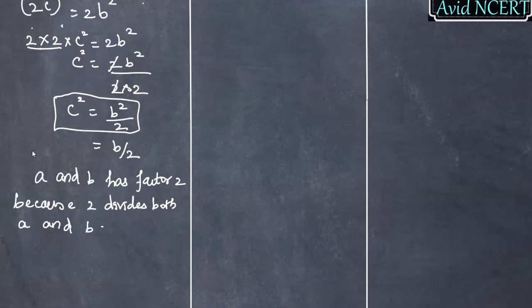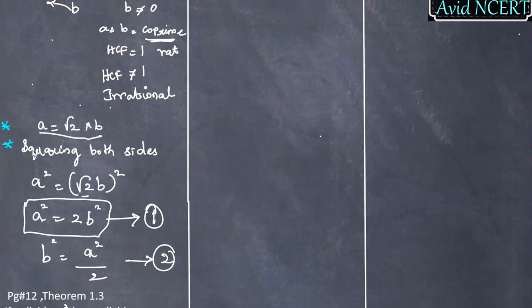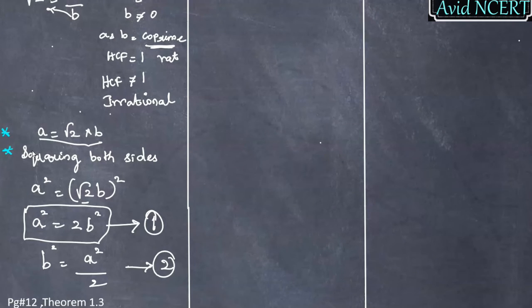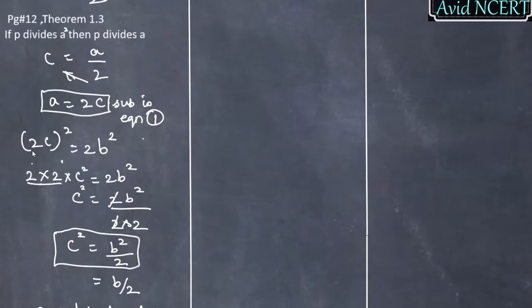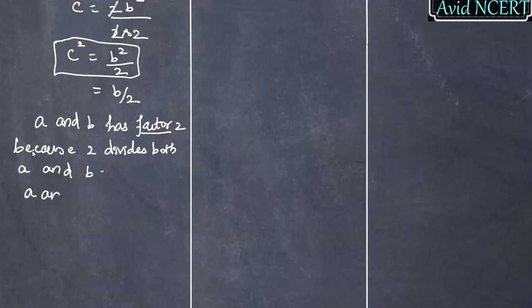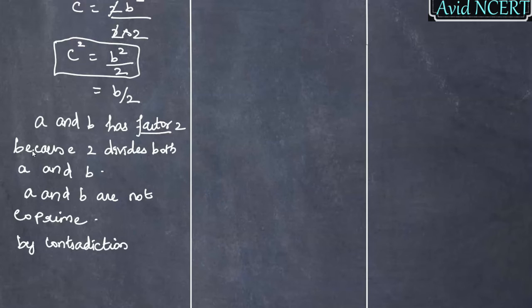What we assumed here is that the HCF will be 1, but with common factor 2, the HCF will not be 1. A and b are not co-prime. So by contradiction, root 2 is irrational.